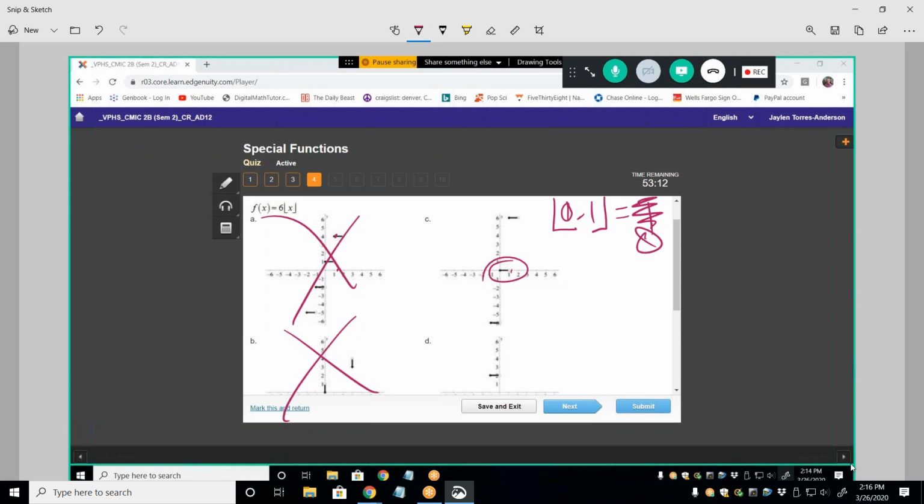Now let's look at D. D, I can only see one of the points, which is at 2, and there's no way that's correct. Well, there's no way you could get 2.